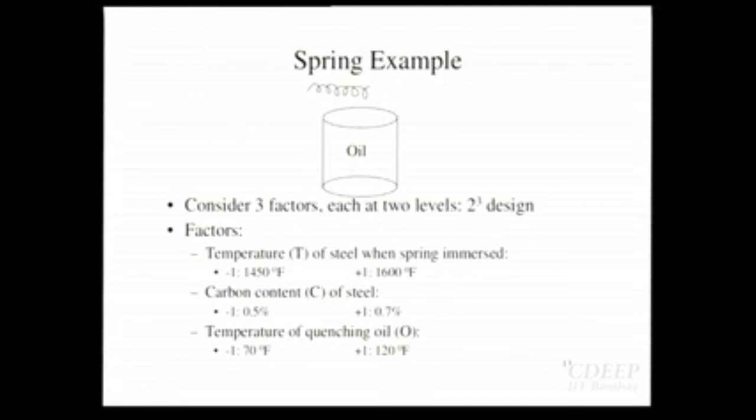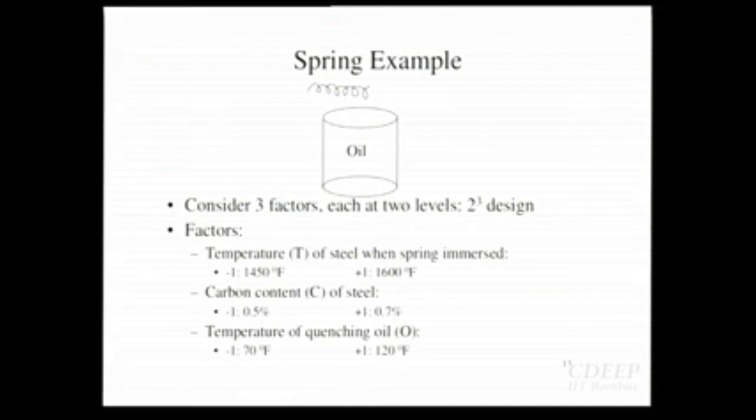Let us say, to make it more realistic, we have added one more factor, and as I said, this is actually a simple version of an actual problem faced by a company. So I have added one more factor which the engineer can vary. One is the temperature of the steel when the spring is immersed in oil, another is the carbon content of the steel, and the third is the temperature of the oil itself, which can also be varied.